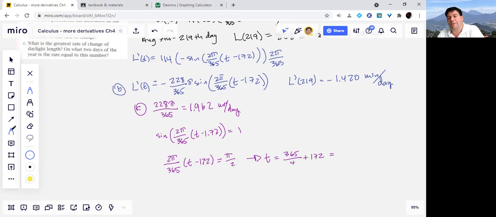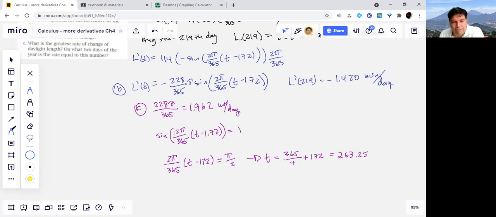And this so happens to be 263.25. I will say this is on the 263rd day of the year, or is this the 264th day of the year? It's a discussion for another time.